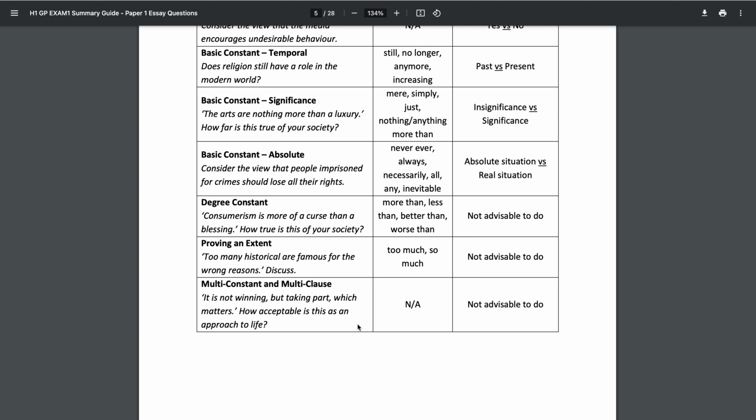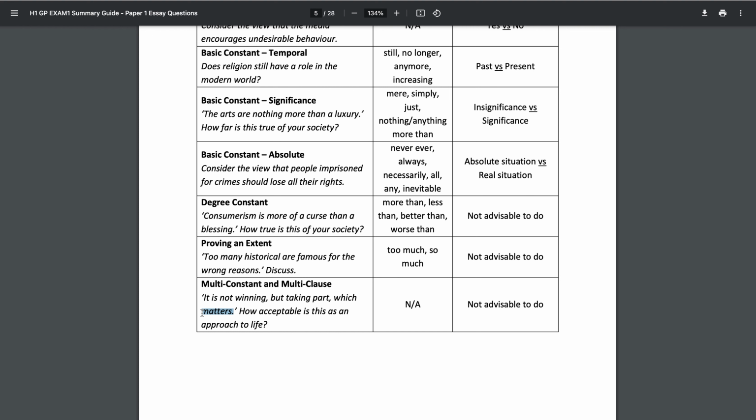It is a must because remember they said you have to answer the question throughout. It is not winning, clause 1, but taking part, clause 2, which matters, clause 3. So you have to talk about winning, taking part, and which one matters. Three things that you need to answer. Please don't do it. It's a very difficult argument to come up with.